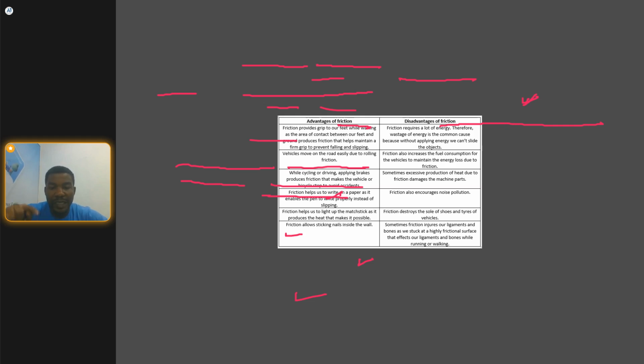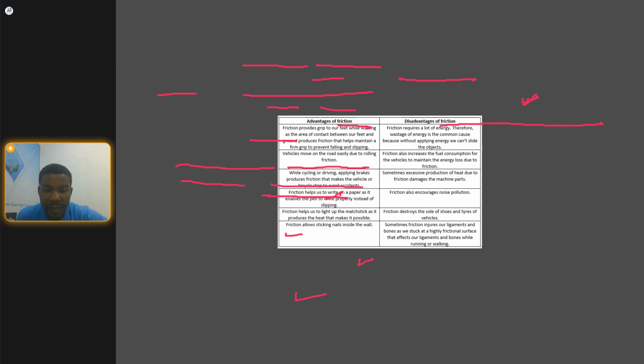So friction leads to the increase in fuel consumption. And if there is increase in fuel consumption, of course, it's going to lead to loss of energy. The more you make use of your fuel, the lesser the energy of the car. So that is one disadvantage.